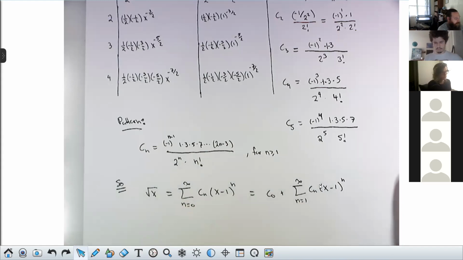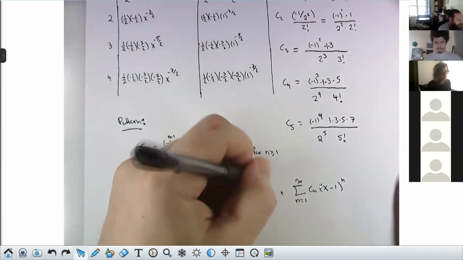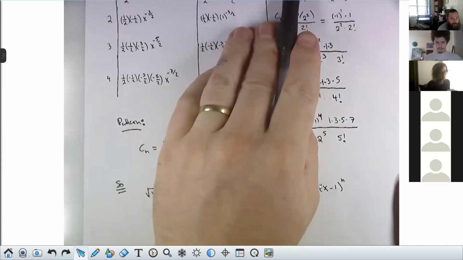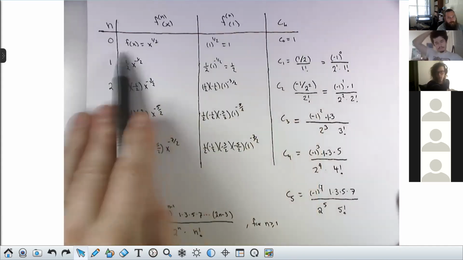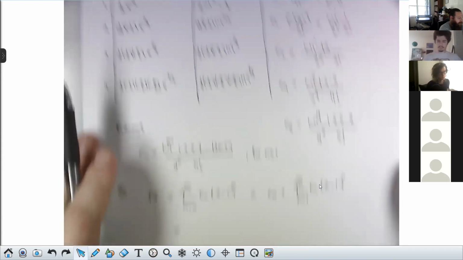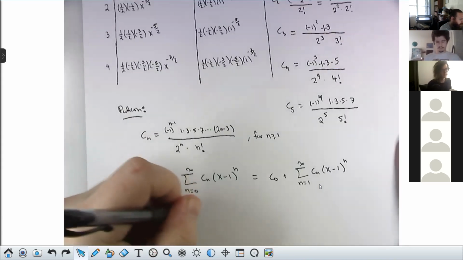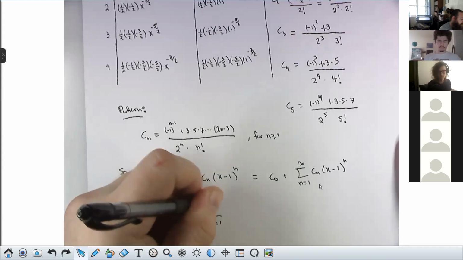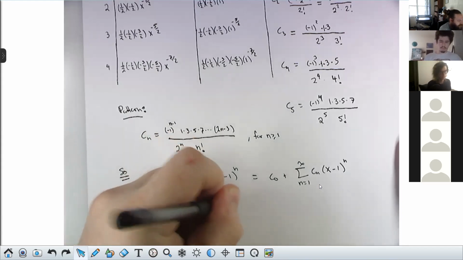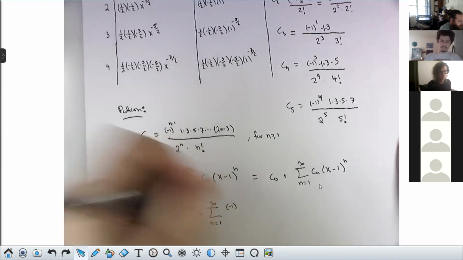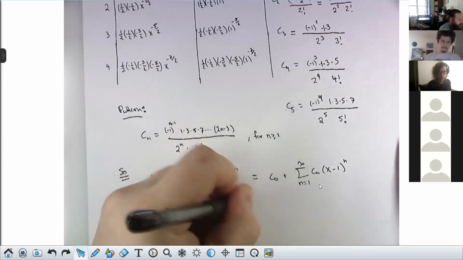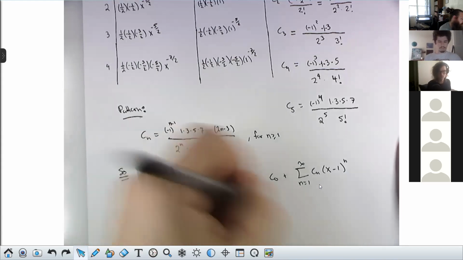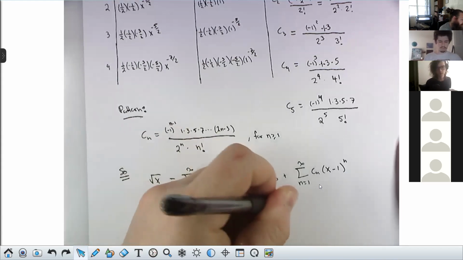So I can use this formula. C0, I know what C0 is. I actually calculated it up here, remember, it's 1. So this is 1 plus sigma n from 1 to infinity, -1 to the n minus 1 times 1 times 3 times 5 up to 2n minus 3.